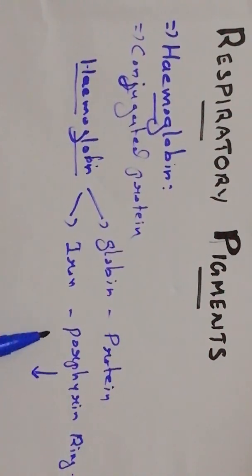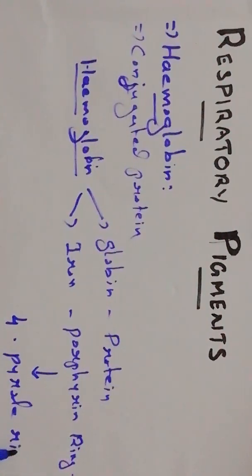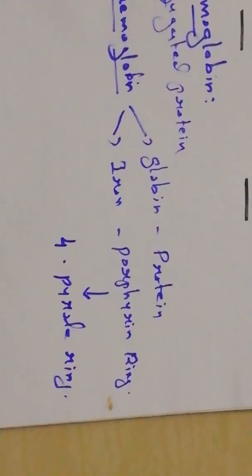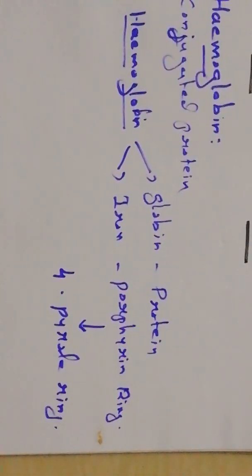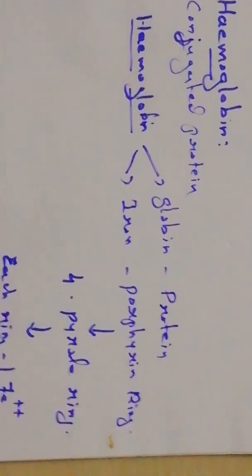Each porphyrin ring consists of 4 pyrrole rings, right? And each ring consists of 1 ferrous ion. If it is double plus, it is ferrous. So this is the chemical structure of hemoglobin. Hemoglobin, listen.